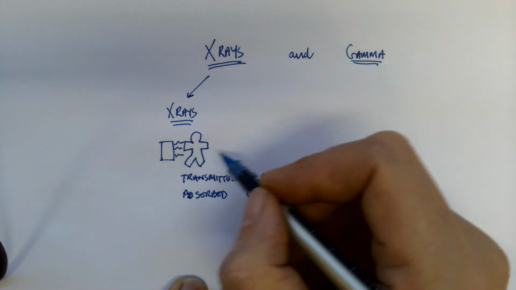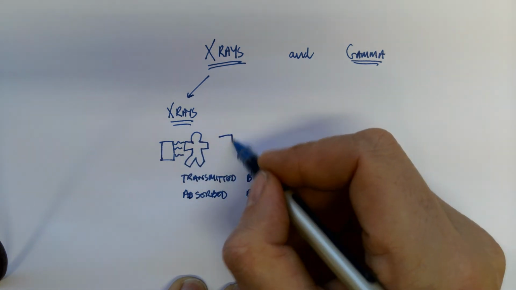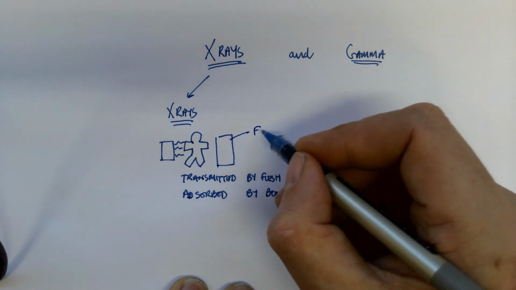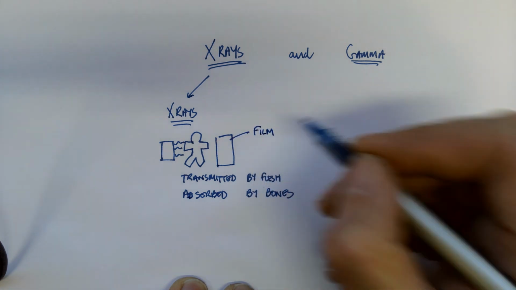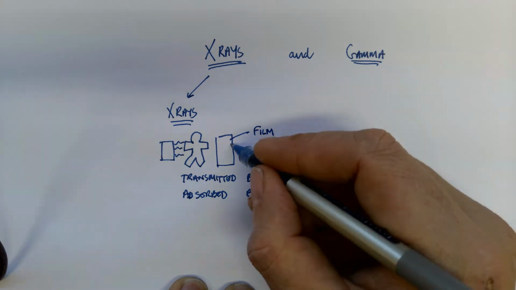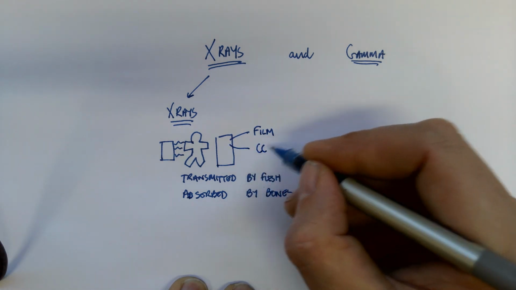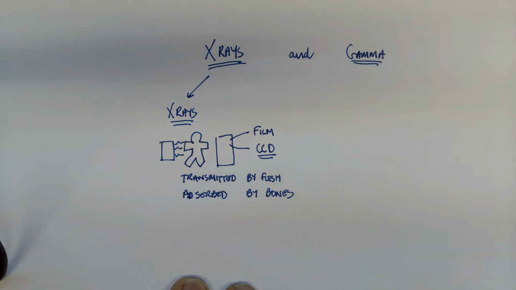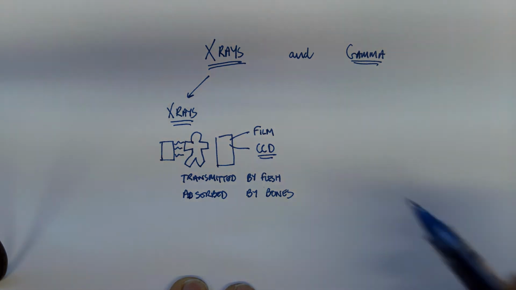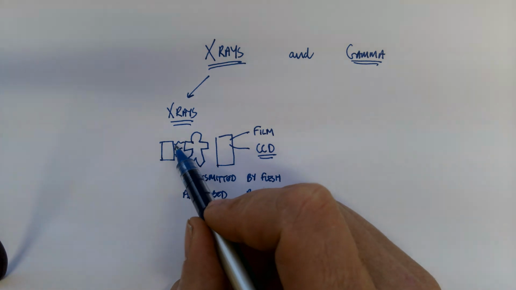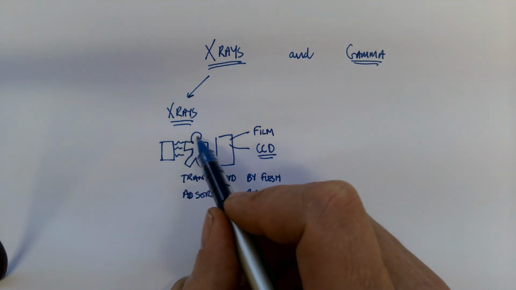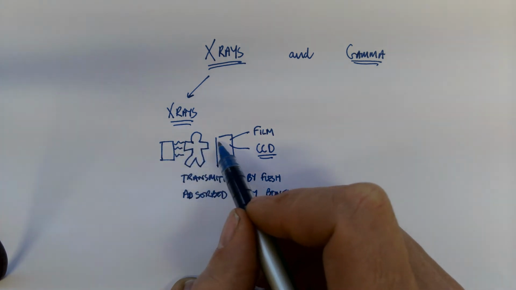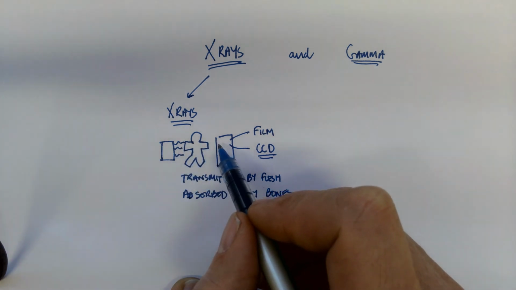So what happens is you have a screen which might either be photographic film, but not very often, or normally now actually, a CCD, a charge-coupled device. And the X-rays that come through here go through all your skin and your muscles and your fat and just go straight through, and they hit the CCD.